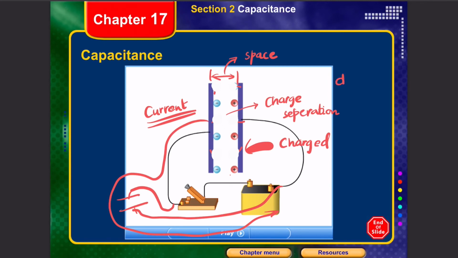That process is called discharge. So capacitors work on the principle of charging and discharging. During the charging phase, they store potential energy. During the discharging phase, they release the potential energy to use it for various purposes.